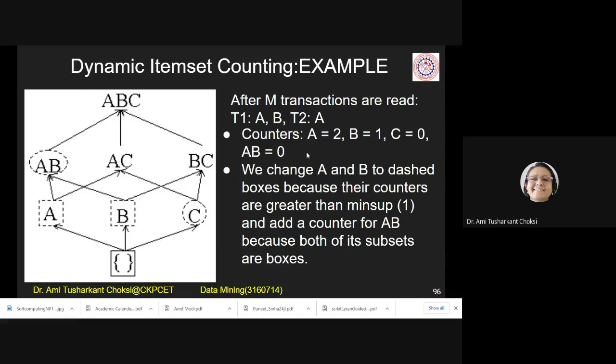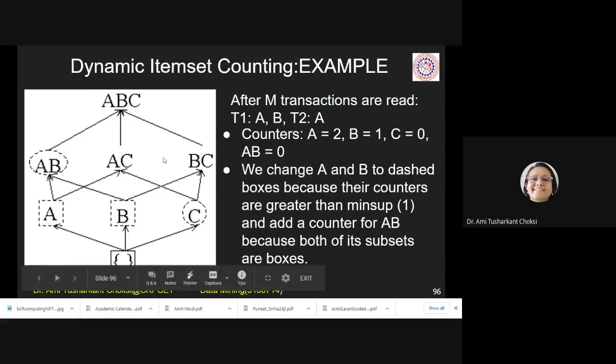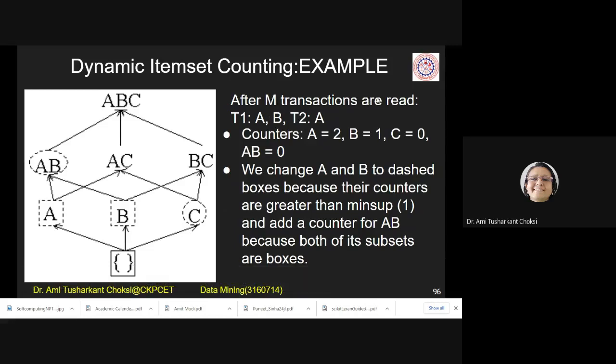Now we have to mark all these things in the lattice figure, right? Now how to do that? After M transactions are read, M means 2 transactions, so T1 and T2 we have read, right? Now, what do we have to do?